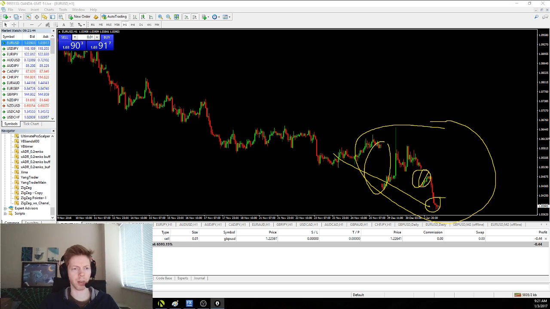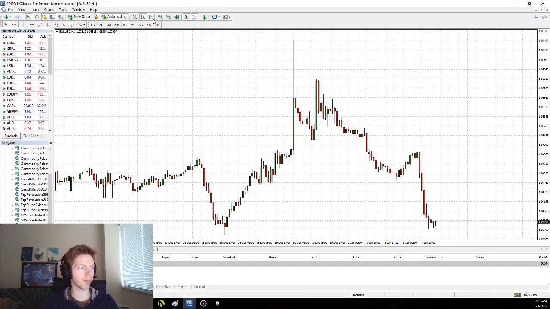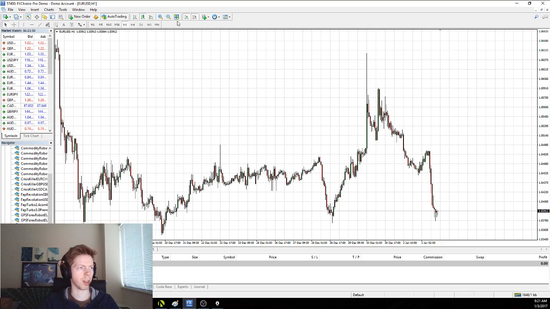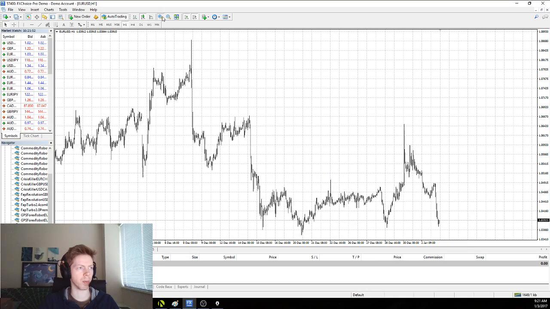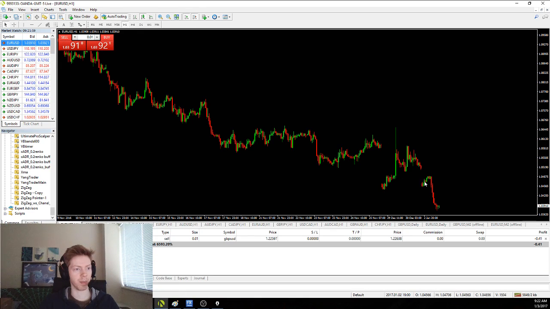This isn't currently where the price is. It's supposed to look like this. This is what the Euro US dollar is supposed to look like, and I'm not really sure why it's looking that way on my charts. If anybody knows why the data is all not looking correct, please let me know.